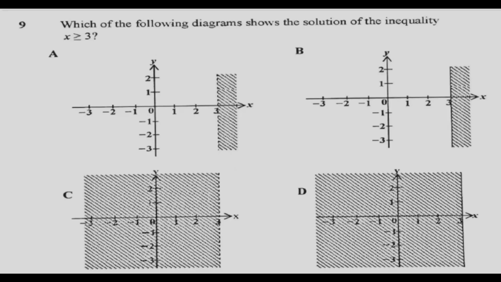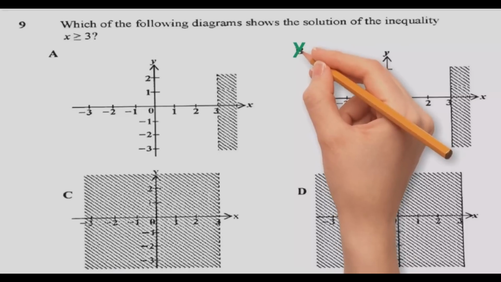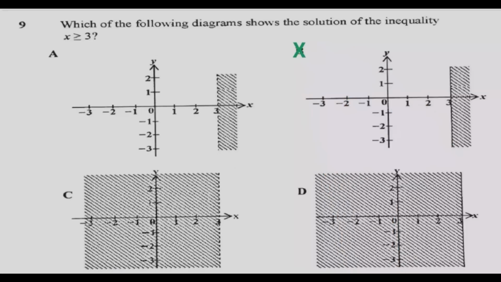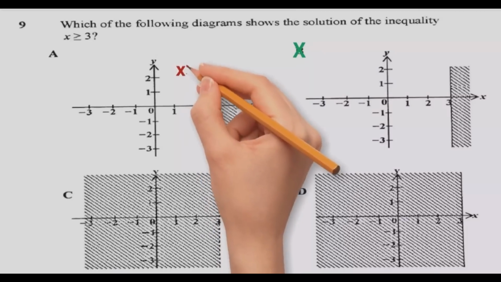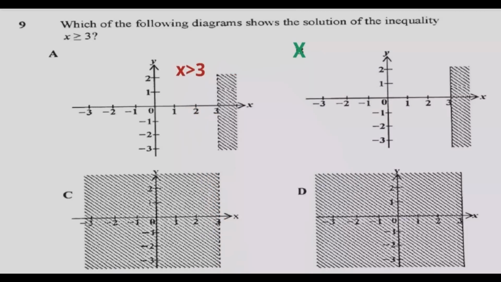So the correct answer here is B. If they had said x is greater than 3, then A would have been correct. Since they are saying greater than or equal to, B is correct.